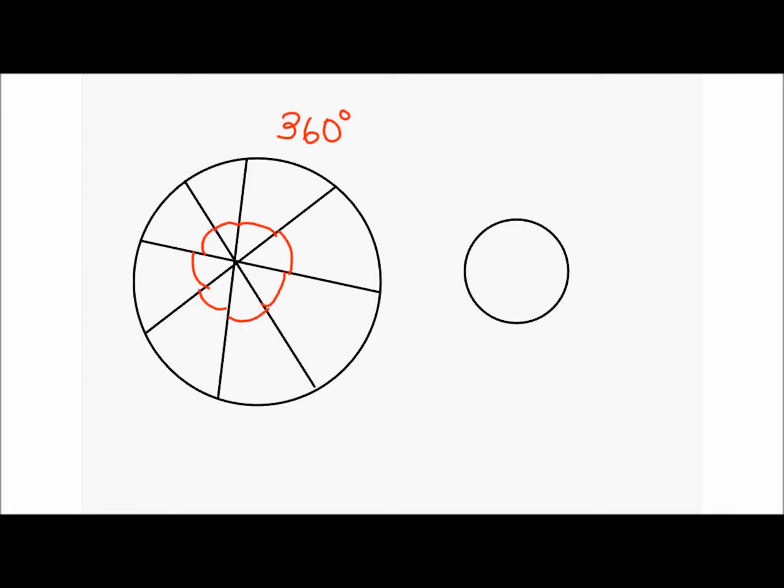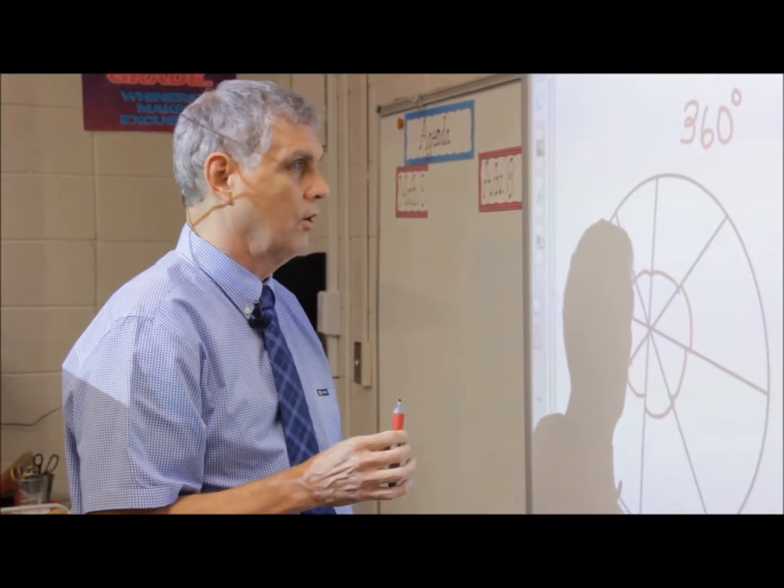And it doesn't matter how many times I slice this pie, or how small the circle is, it's still going to be the same situation. Here we've just sliced it into 4 unequal slices, and if you add these angles together, they're still going to be 360 degrees. So that's all we really need to know about circles right now.